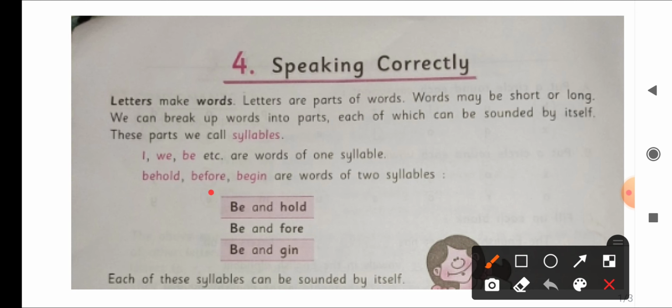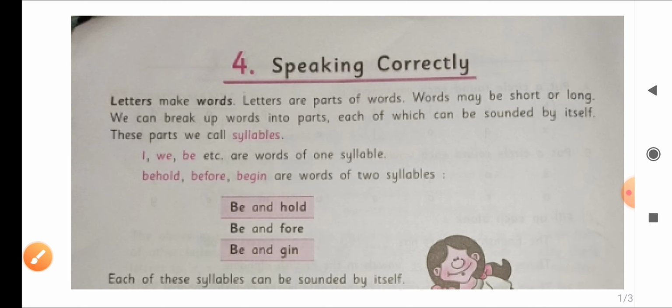Now begin is again made of two syllables, that is be and gin. Okay, so I, V, B, etc. are words of one syllable, and behold, before, begin are words of two syllables.